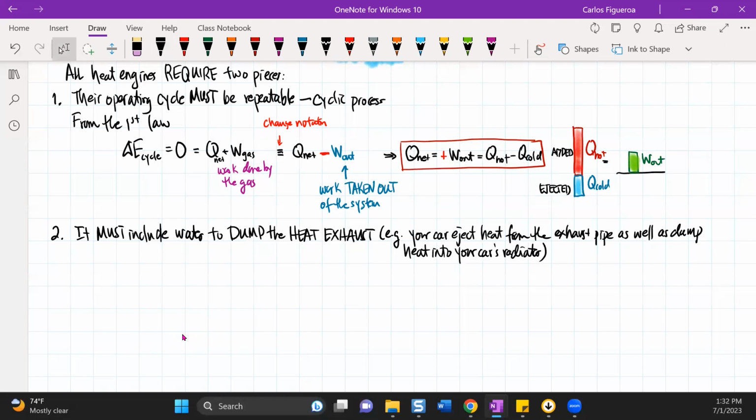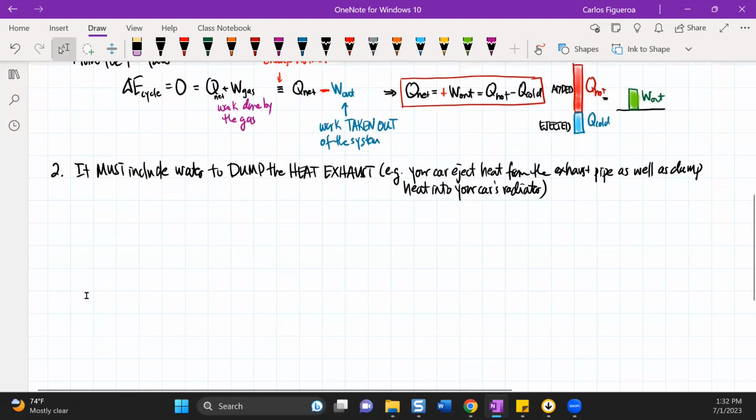And part of it is also air cooled. So there's a lot that's going on here, but you cannot have an engine without those two pieces.